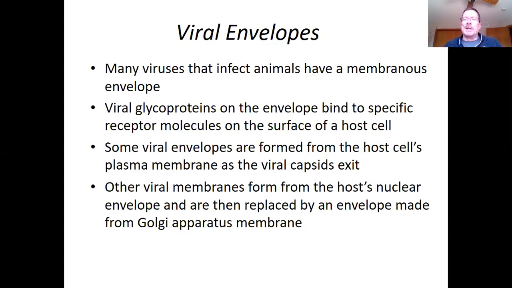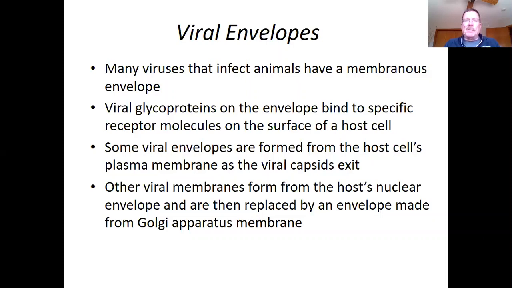Okay, so let's talk about those envelopes a little bit. Many of the viruses, as we saw, that infect animals have a membranous envelope. The viral glycoproteins on the envelope bind to specific receptor molecules. Really, you have two ways in. They're either going to bind like receptors, as we've seen before, or they can be engulfed by endocytosis and brought in.